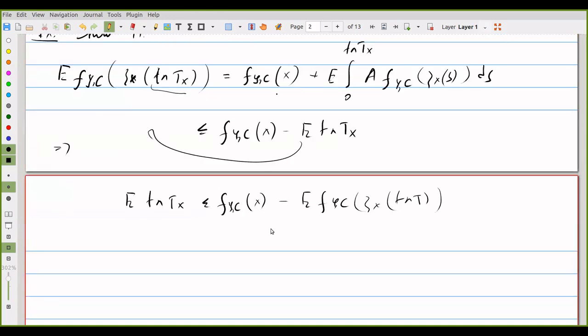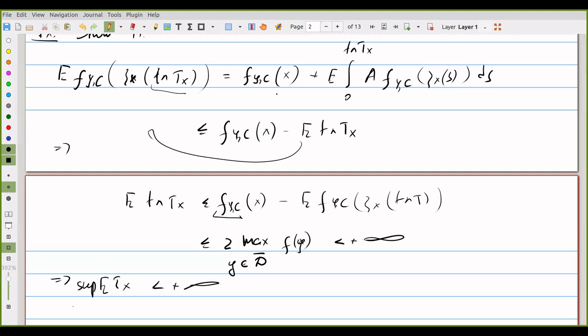now, since D is bounded, this function is bounded. So it's less than 2, which means that by the limit of 2, by the Fatou lemma, just push T to infinity.